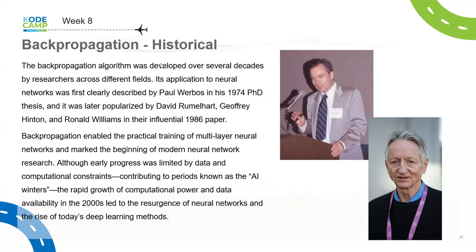But the first researcher that looked at that approach and clearly described it as something that can be used to solve this neural network problem of how a loss function affects a particular parameter that is way, way at the back of the stack was Paul Werbos in his 1974 PhD thesis.